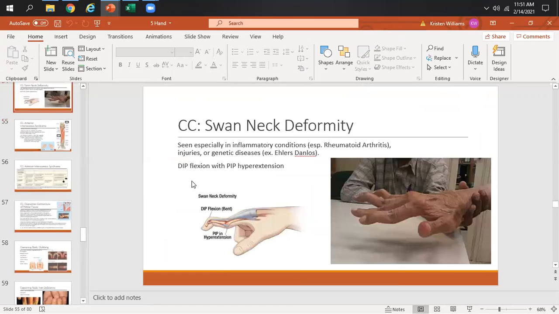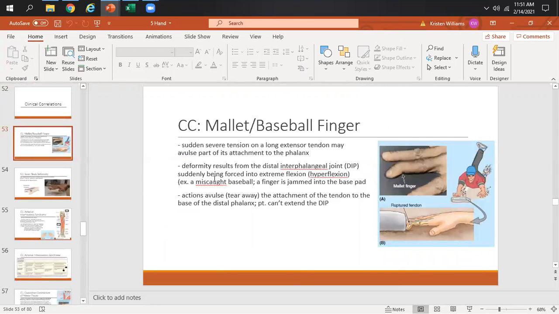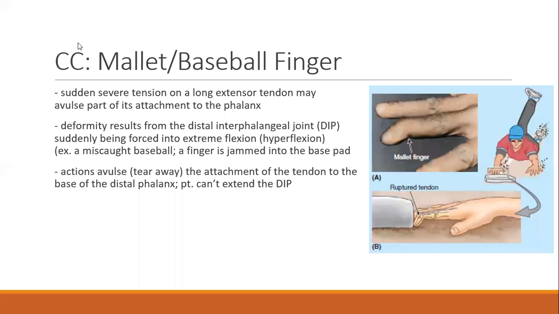So I included a bunch of other clinical correlations on here. I don't know how important they'll be for y'all. I just know that this was stuff that came up when I was studying the hand. So learning about mallet or baseball finger, where the example that they give is a person sliding into home base and they hit their finger and it causes a sudden severe tension that avulses part of the tendon off of the finger.